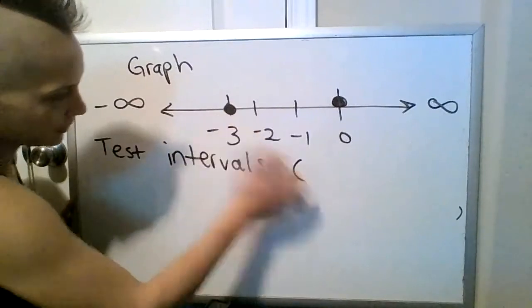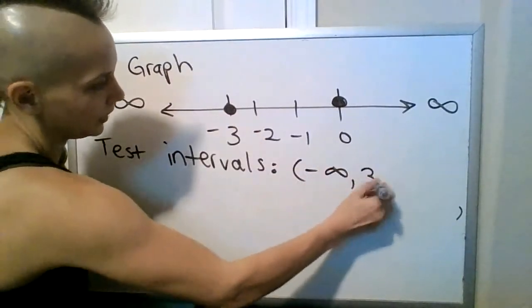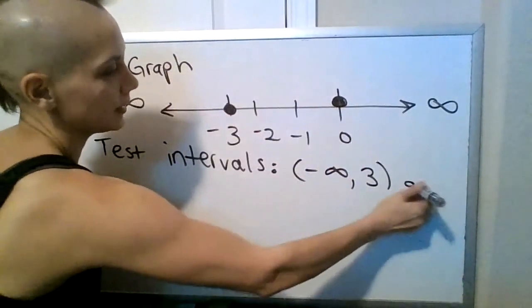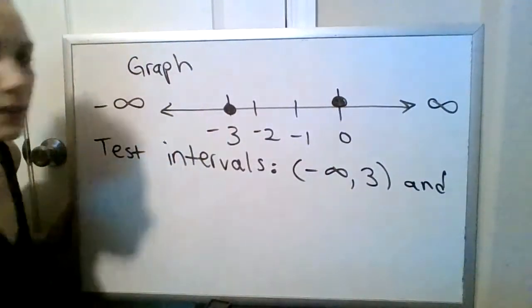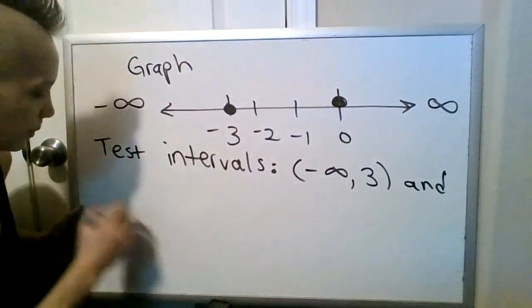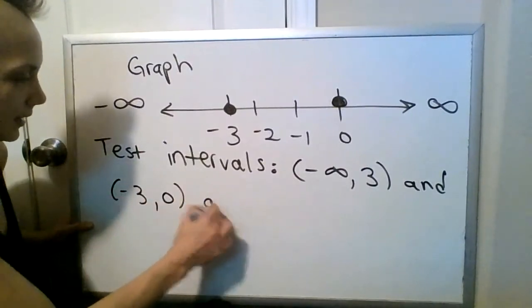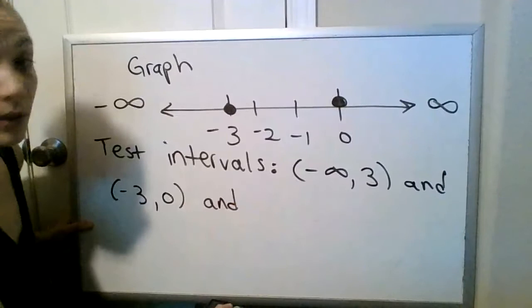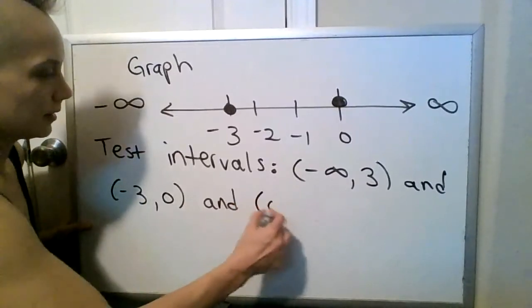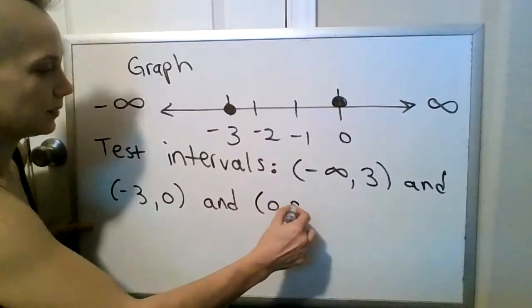Okay, there's that first one. Go up to -3, but not including -3. There's the next one. It's between -3 and 0. And the last one goes from 0 to infinity.